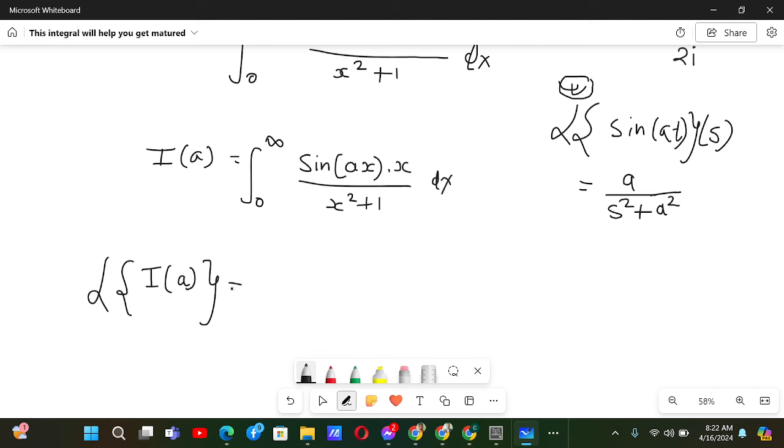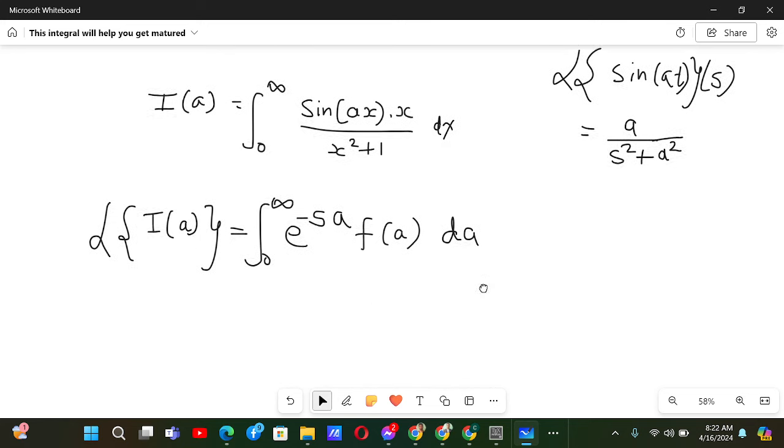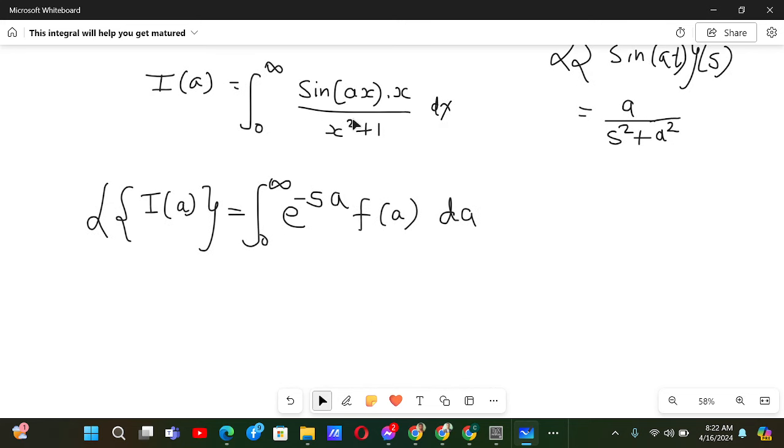Let's see how. The Laplace transform is defined as integral from 0 to infinity of e to the power minus st, and because this is in the world of a, e to the power minus sa, then f of a, and then da. Here a is also a variable.